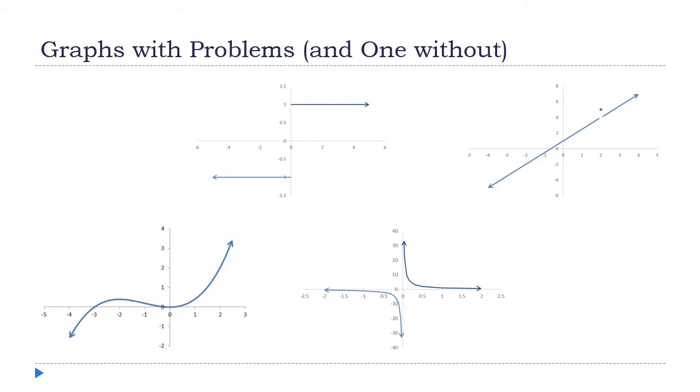And I've got some examples here of functions that are not continuous, functions that are discontinuous, and one function that is. And I want to look at the different ways a function can be discontinuous, because then we're going to try to word our definition of continuity in a way that excludes these problems that we've identified.